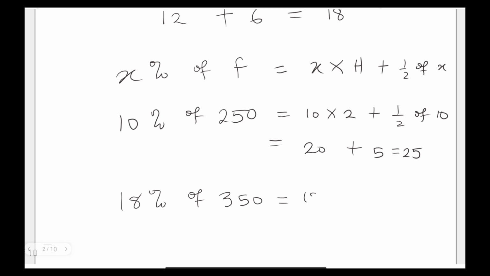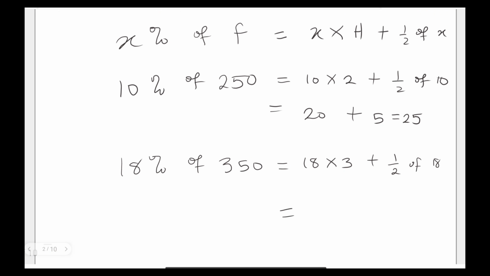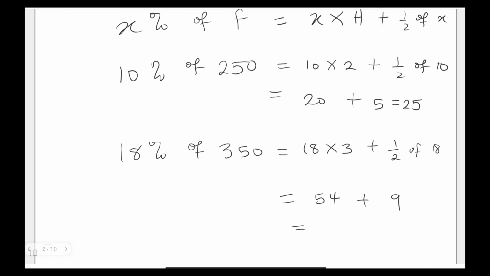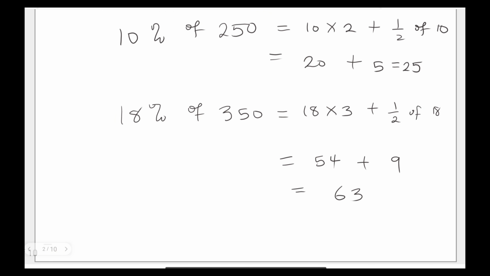That would be 18 times 3 plus half of 18. So 18 times 3 is 54, plus half of 18, which is 9, and that will be equal to 63. I hope that is clear.